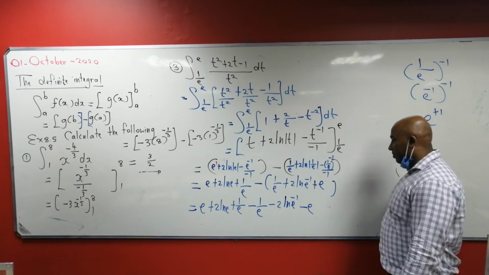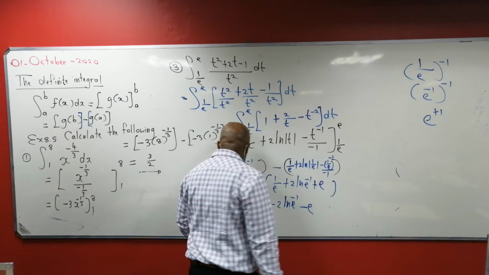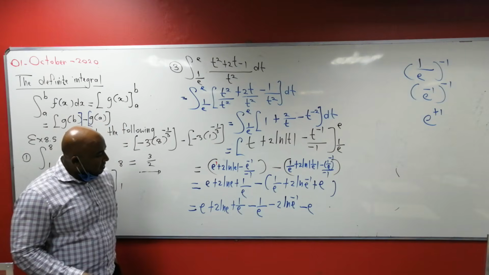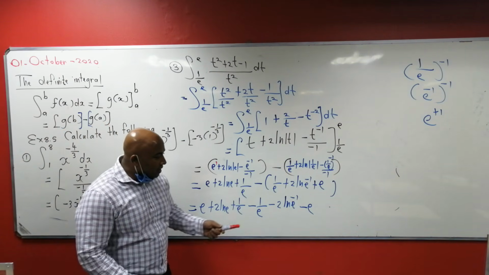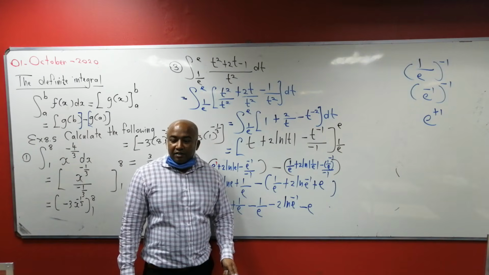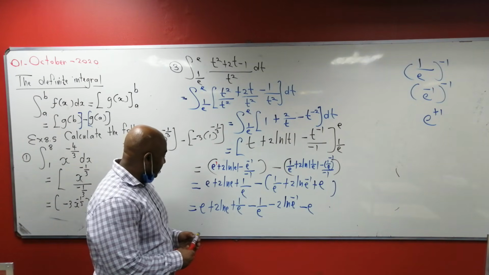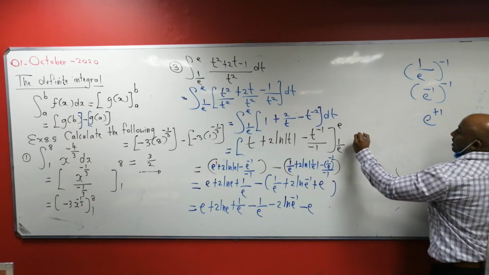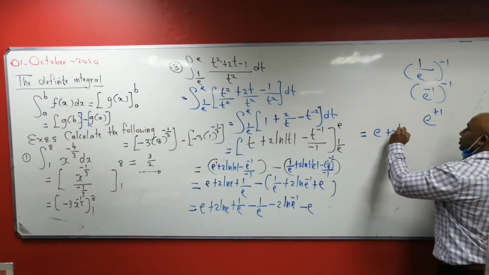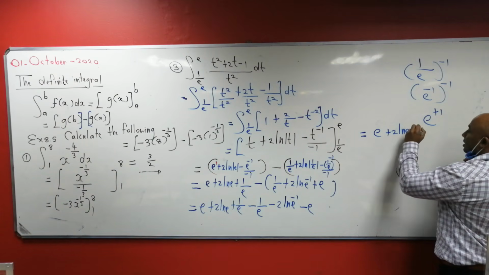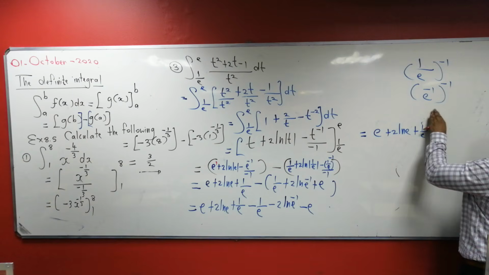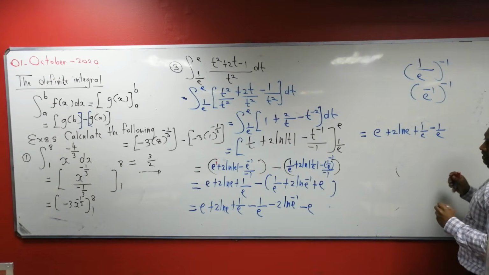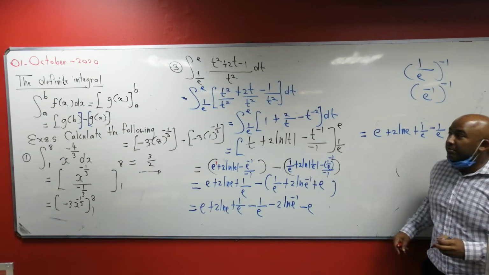So now let's see what happens here. If you look at this part here, this negative 1, from our log laws, let me just rewrite everything. So I have e plus 2 ln e plus 1 over e minus 1 over e, and then this minus 2 ln e to the power minus 1.